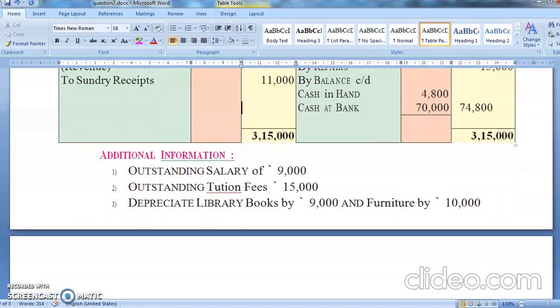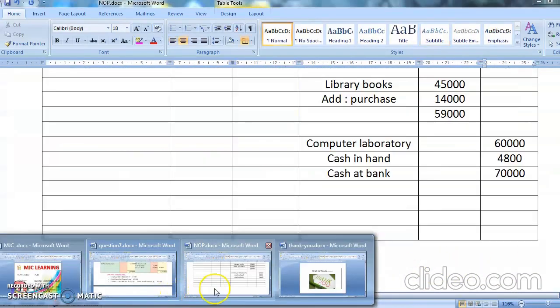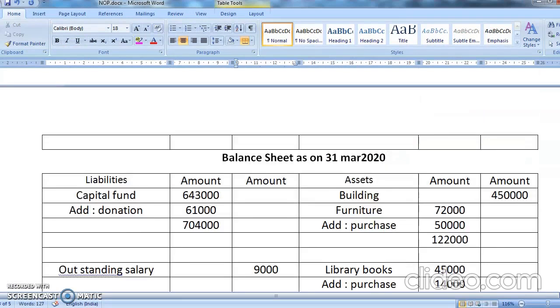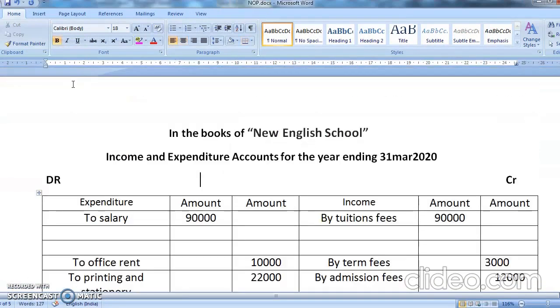Outstanding salary was rupees 9,000. So outstanding salary, one effect comes in the balance sheet. We are there in the balance sheet, so we'll do one entry on the liability side. Outstanding salary. See, when the expenses are outstanding, it comes on the liability side, and when income is outstanding, it comes on the asset side.